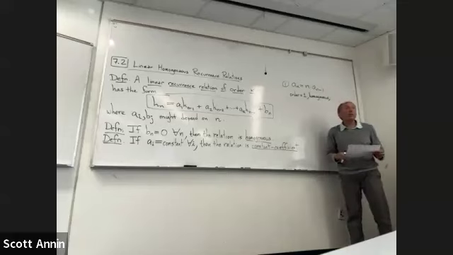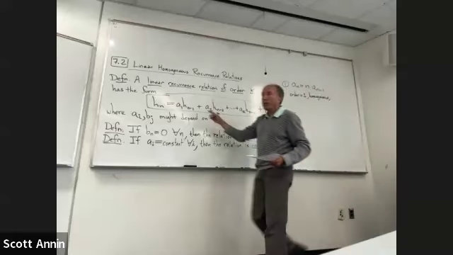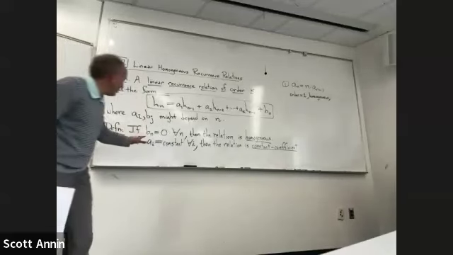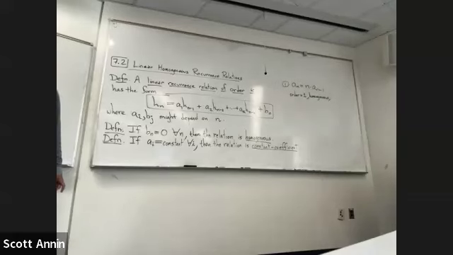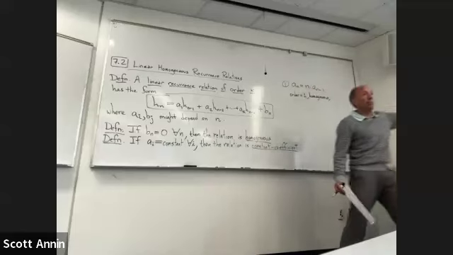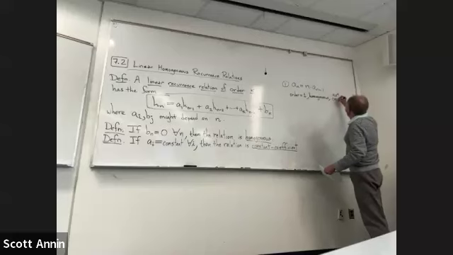And is it constant coefficient? Are the a's, which are the scalars in front of the previous terms, dependent on n or are they just constants? They depend on n, right? This scalar n is not a constant number, it is a function of n, so this is not constant coefficient.